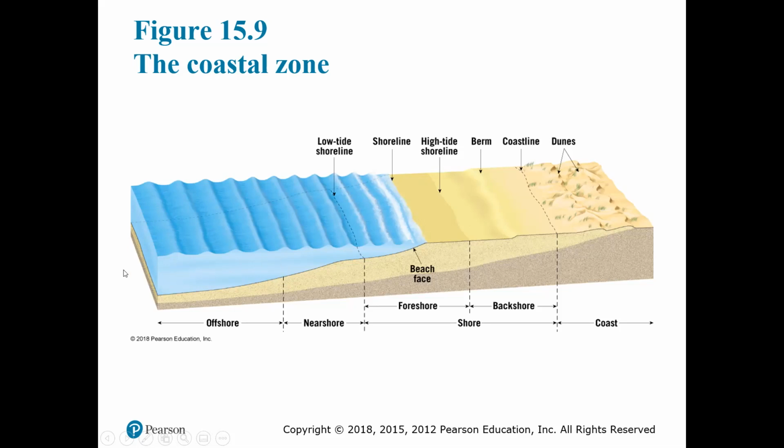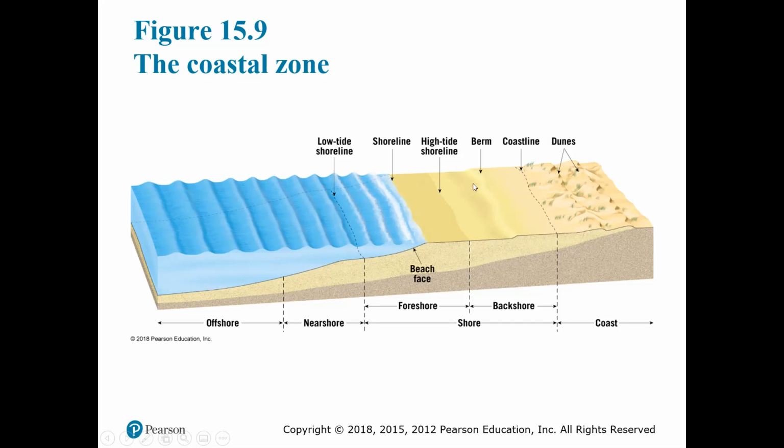Now, if we keep this figure here and look at beaches, a beach geologically is the area where there's an accumulation of sediment found along the land margin of either a lake or an ocean. And what we'll see on beaches are these berms.